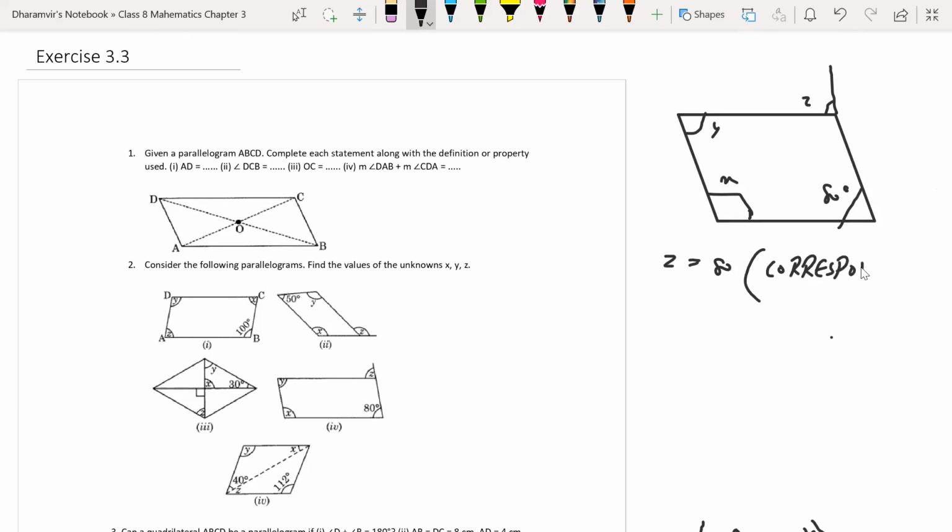Corresponding angles. The value of Y is equal to 80 degrees. Why? Opposite angles, because of the properties of opposite angles.